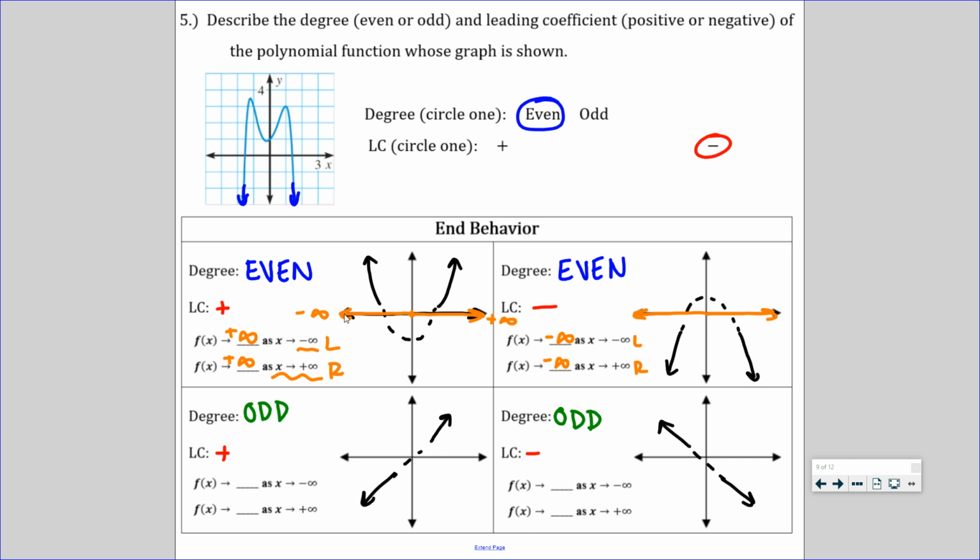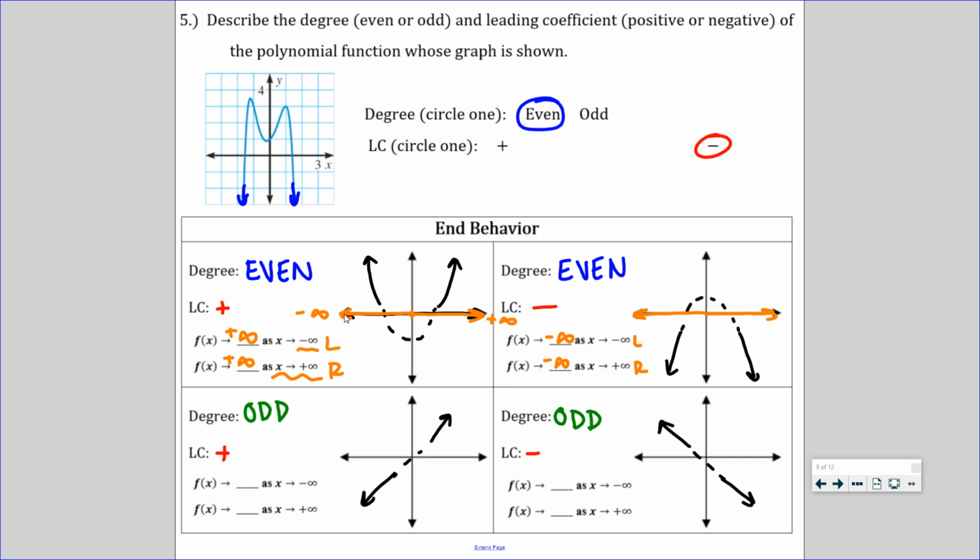Because even degree polynomial functions always have the same end behavior on both sides, these two should always match. Whether it's going up to positive infinity or down to negative infinity depends on the LC, the leading coefficient. It doesn't matter if the leading coefficient is a 10 or a 7. It just depends if it's positive or negative. And what you know about transformations, that's because of reflections.